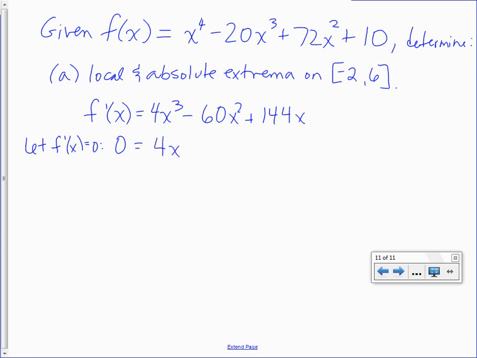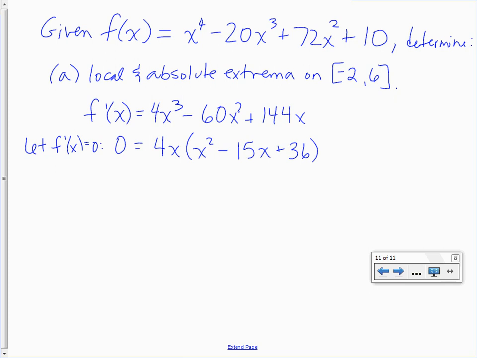What's left if you take out 4x? x squared minus 15x plus 144 divided by 4, 36. Okay. There's the factored out 4.